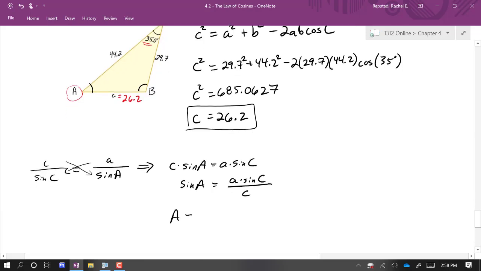And so A is arcsine of that. So I'm just going to go ahead and put those values in. Side a is 29.7 times sine of 35 degrees divided by side c, 26.2.